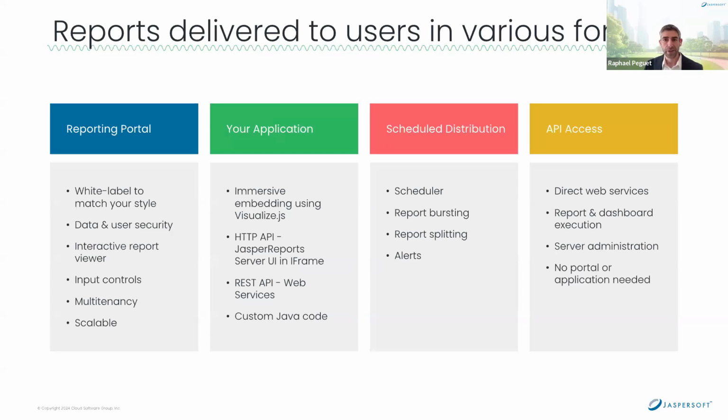For automated delivery, Jaspersoft allows for scheduled distributions and provides powerful features like report bursting, splitting, and alerts. And for maximum control, Jaspersoft comes with API access that allows you to directly manage report execution, server administration, and more, bypassing the user interface, so you can run it from your script, from your application, from anywhere.